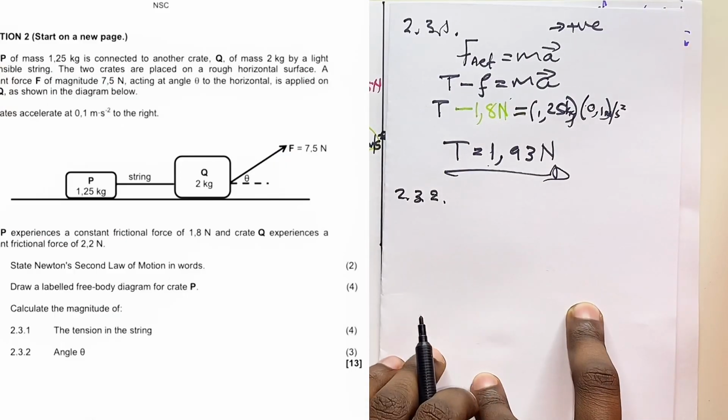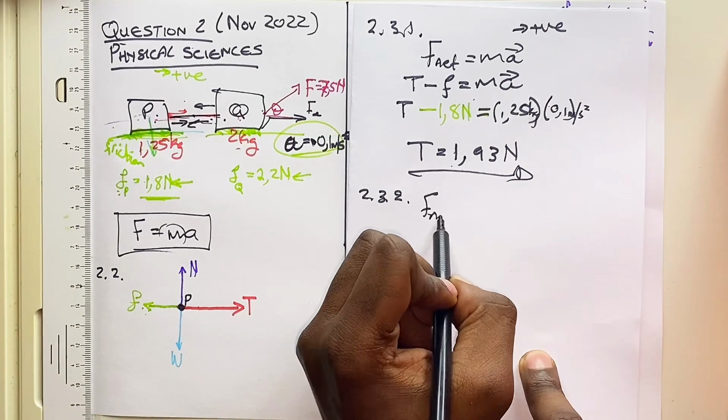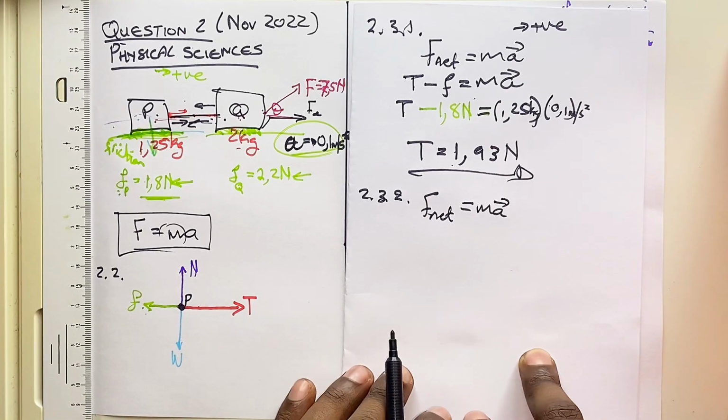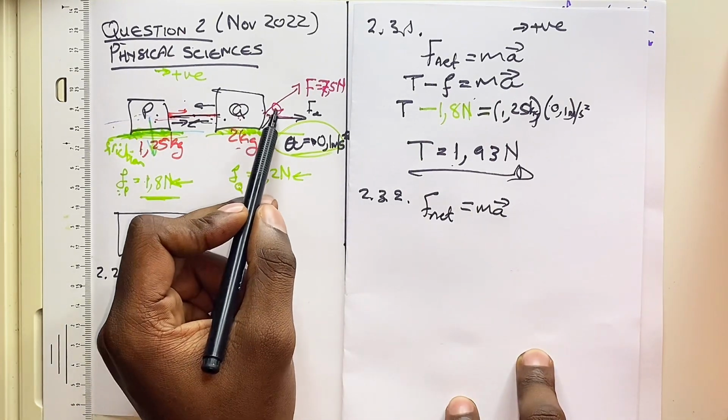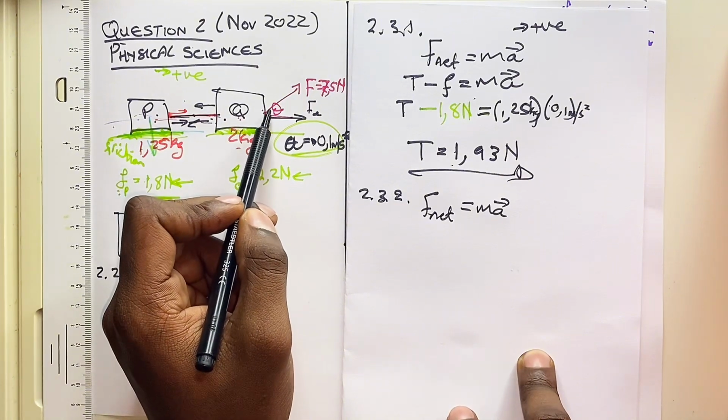2.3.2 says calculate the angle of Q. Now we are going to look at the forces that are acting on Q, because the angle is at Q. So how can we calculate the angle?